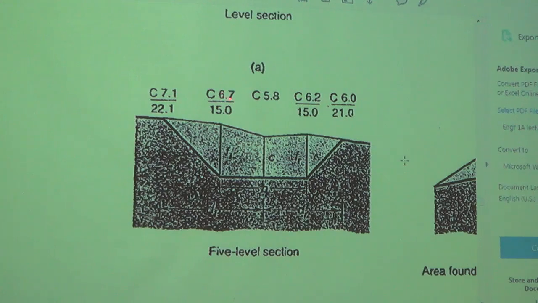What's the 6.7 represent? The height from the bottom of the road bed to that point. The bottom of the road bed to that point is 6.7. And what is this height right here? 6.2.